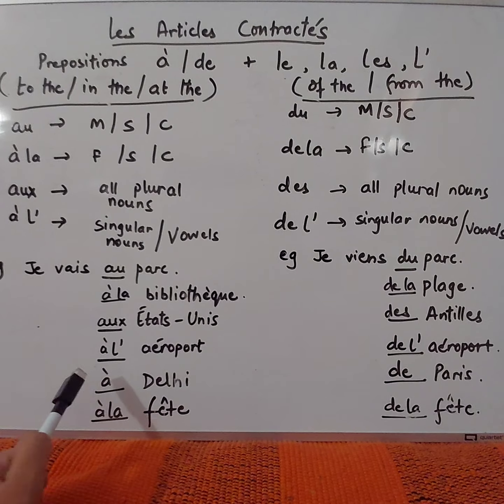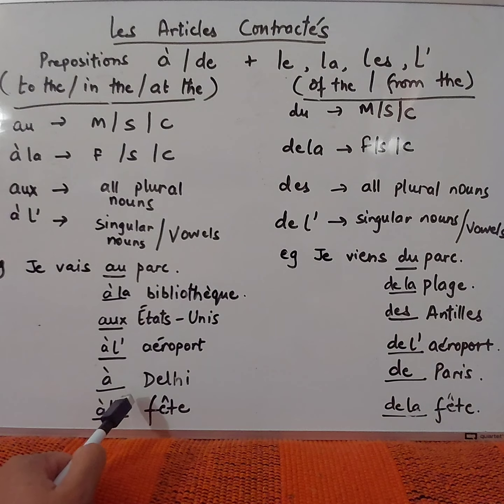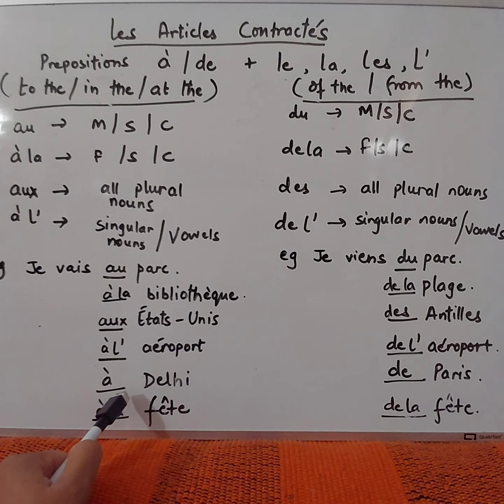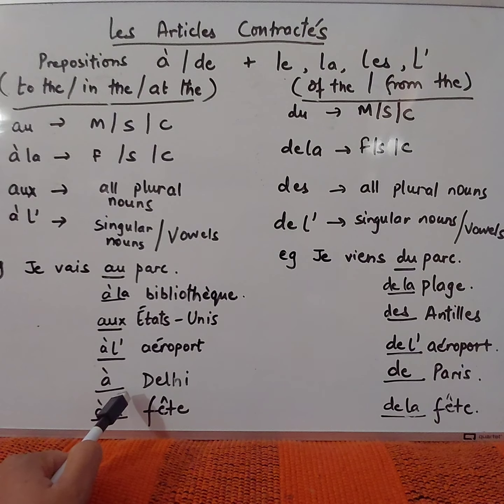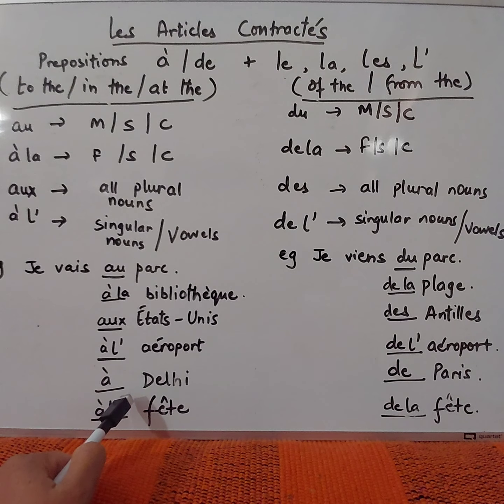Now next, I go to Delhi. Since Delhi is the name of a city, it is considered a proper noun. So for cities, we don't say I go to the Delhi, right? We never say that. So we don't write the definite article before Delhi because it's a city's name. So we just write the preposition à.